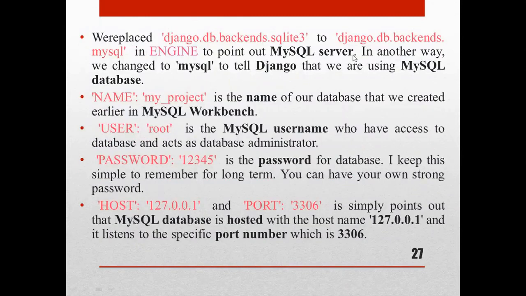In the engine section, we replace the engine name from django.db.backends.sqlite3 to django.db.backends.mysql to point out that MySQL server. In another way, we can say that we have to change it to tell Django that we are using the MySQL database.